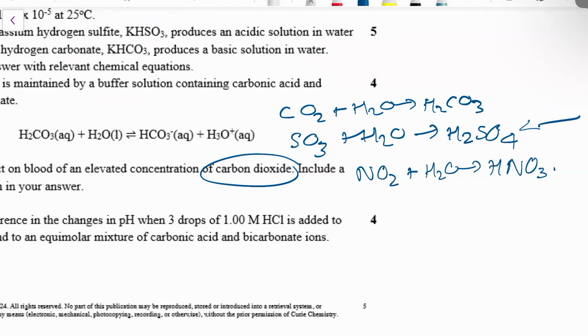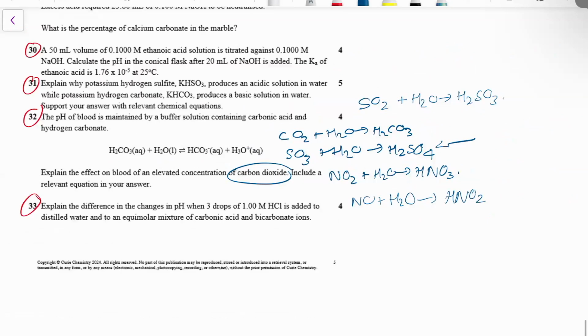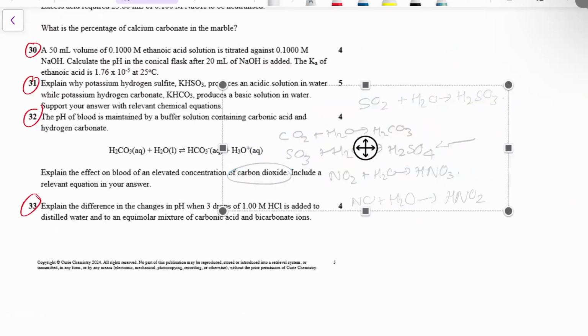And if you use SO2 instead of SO3, then you'll make H2SO3, which is sulfurous acid. Also nitrogen monoxide plus H2O turns into HNO2, which we saw in one or two of the previous questions. That's a weak acid. So keep these equations in your pocket just in case you get something similar.